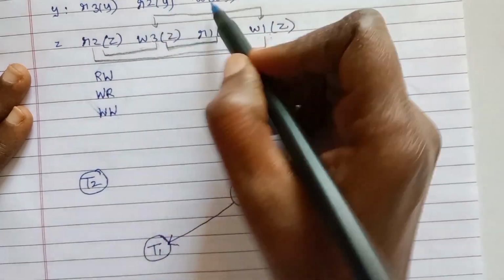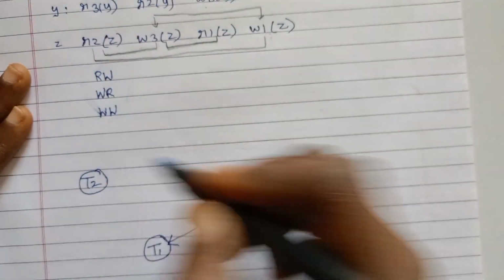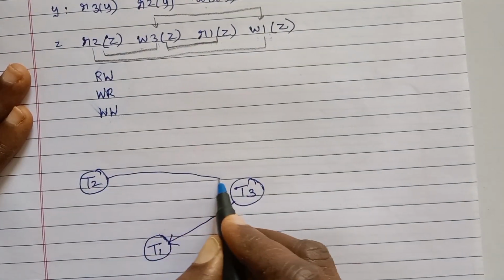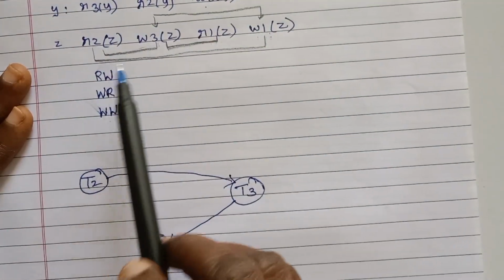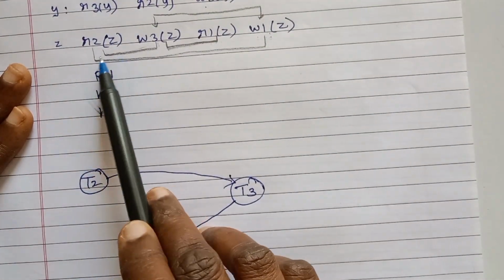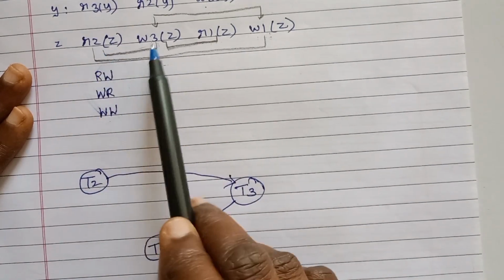Next, r2 to w3 means from 2 to 3, so you have to draw an arc from 2 to 3. Next, for the Z data item, you find that we have four patterns. See, r2 and w3.